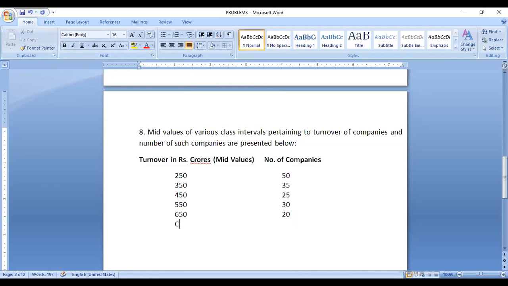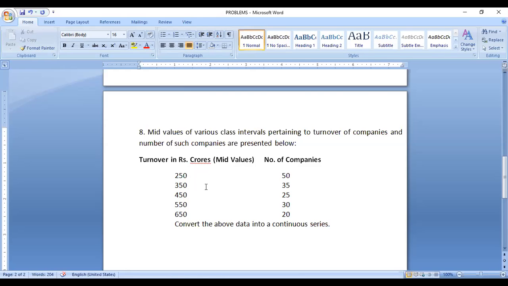Convert the above data into a continuous series. This is the data given in the problem. Up to now we have seen we have constructed class and class intervals, but now mid values are given.